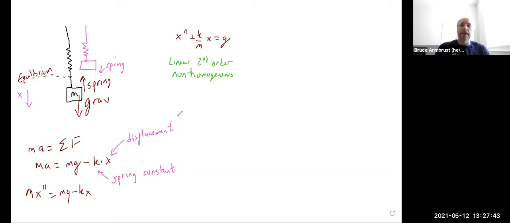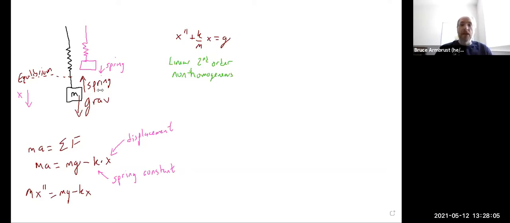Let's keep all those things in there. This way, we're good for any spring, any mass hanging off of it. If we leave the g, we're good for doing this on any celestial body, Mars or the moon or whatever, it doesn't really matter.